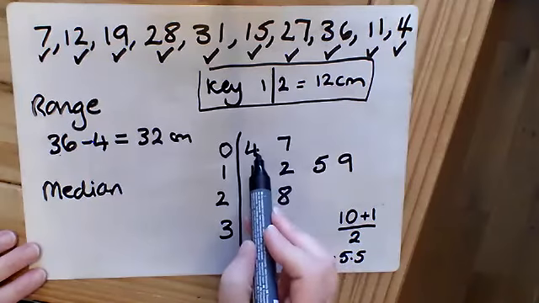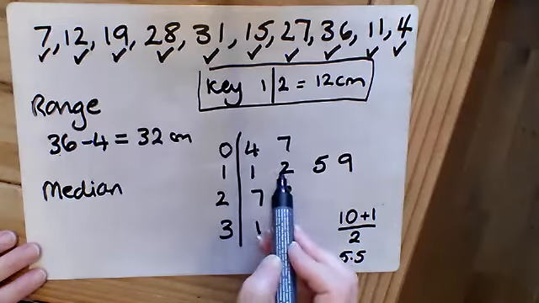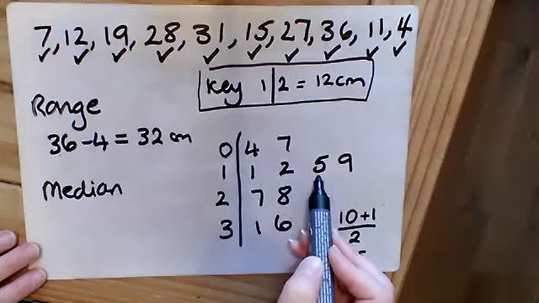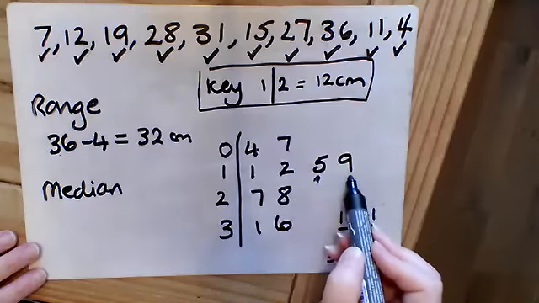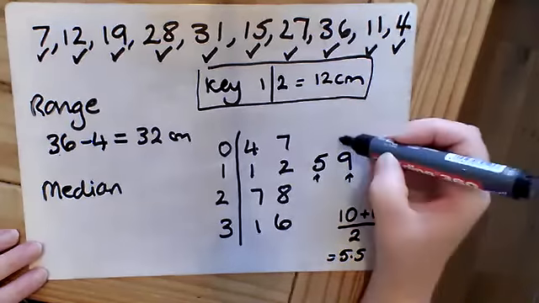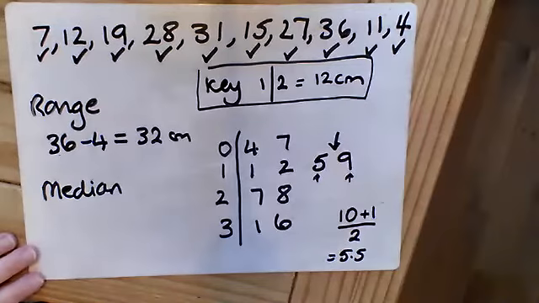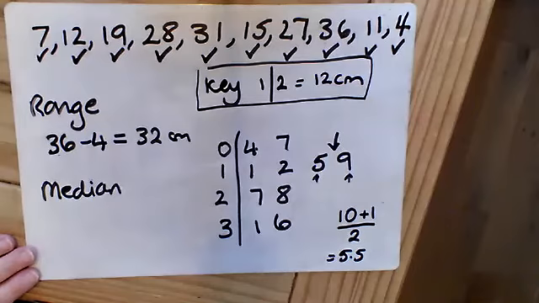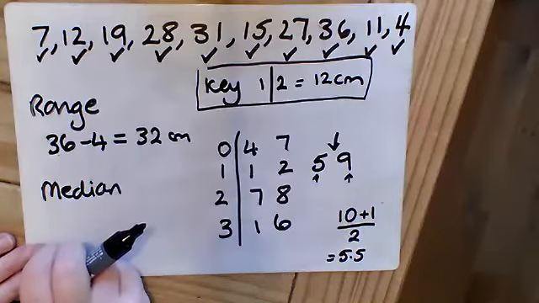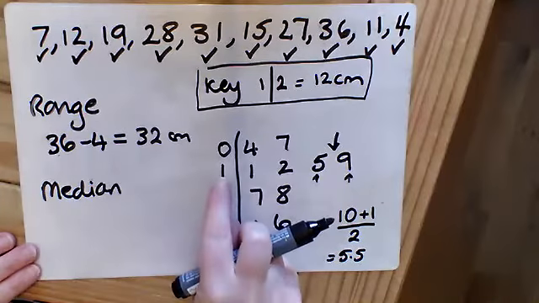So if I count along, 1, 2, 3, 4, 5, this is the 5th piece of data. This is the 6th piece of data. So I'm looking for what would be in the middle there. Now, you can often tell, but if the numbers weren't as straightforward here, then you'd need to add the numbers together and then divide by 2. Now, don't forget we've actually got a 1 here as well, so this is our tens.